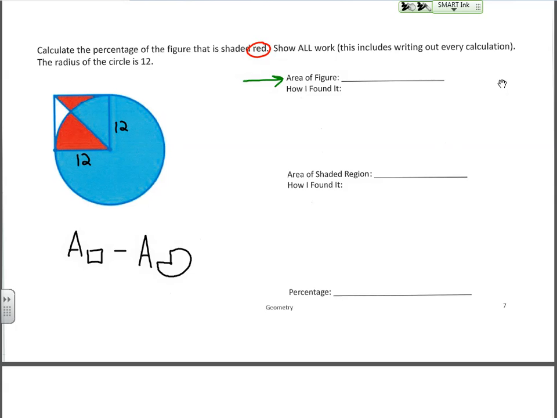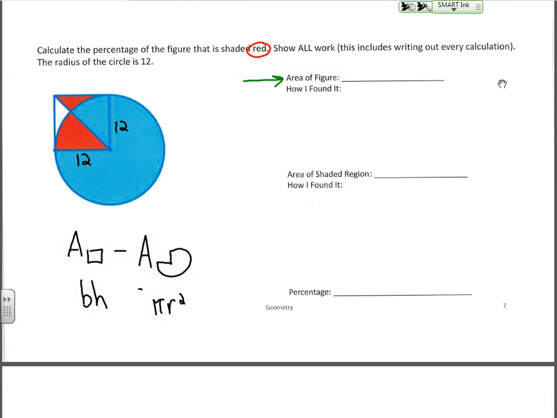Not sure what happened there, but find the area of the circle that remains with that square removed. And of course, the area of a square is base times height, right? But the area of that section of the circle, realizing that it's 3/4 of a circle, we're going to take our formula for the area of an entire circle, and we'll be taking 3/4 of that.